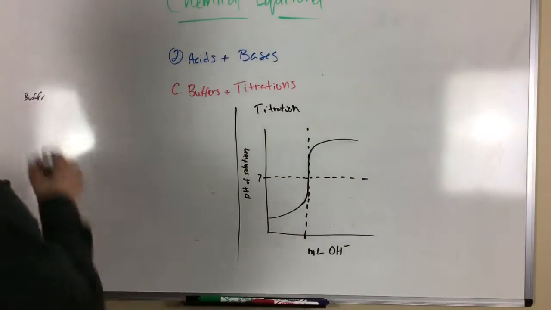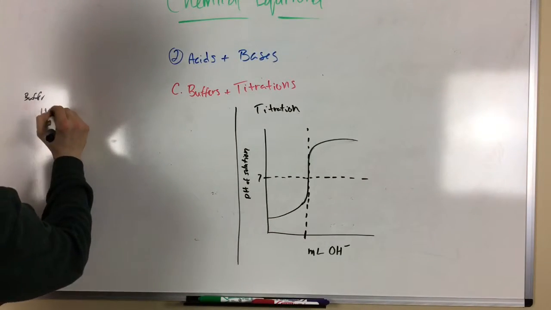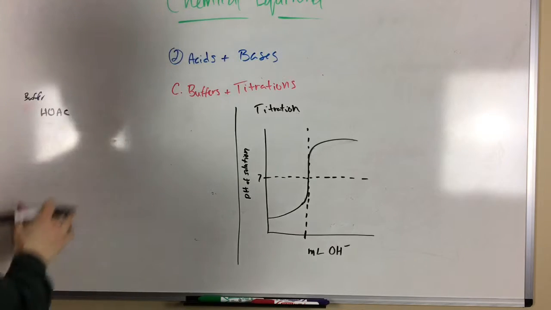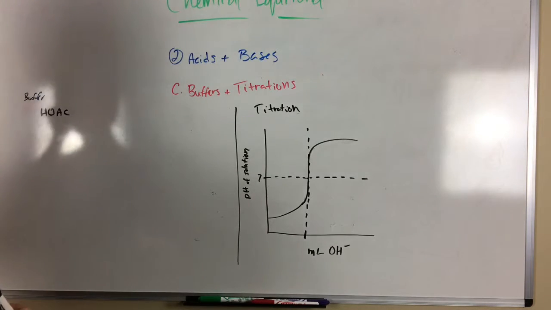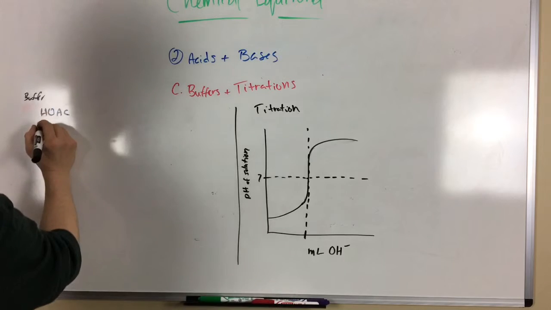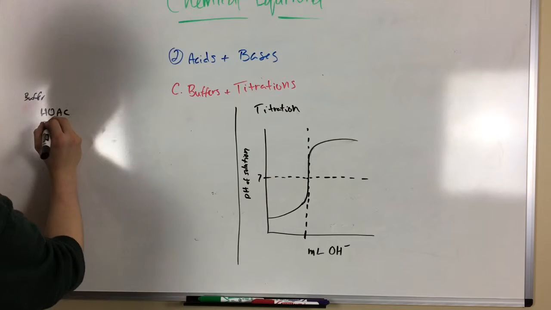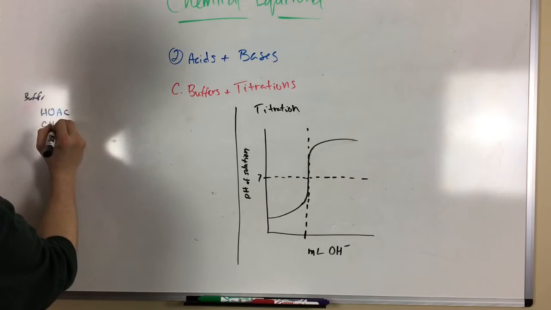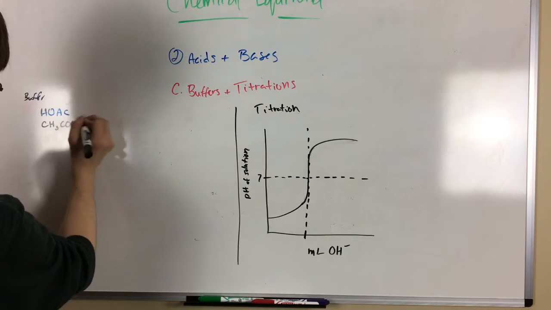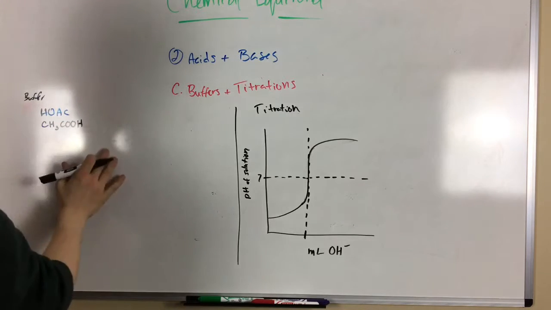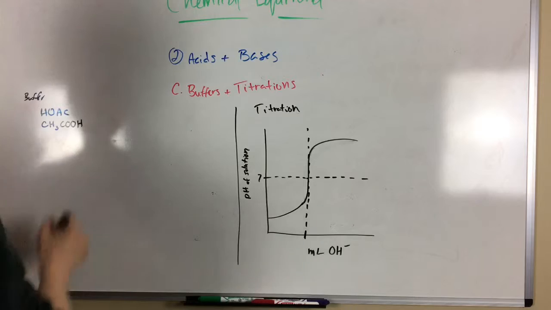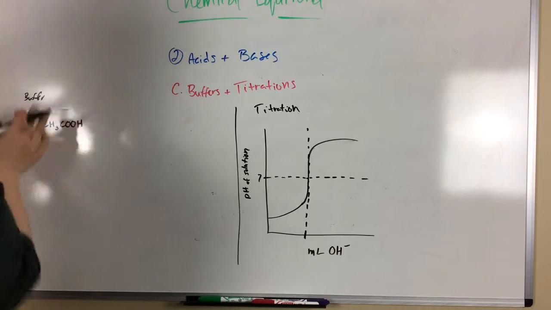An example would be acetic acid. This is the symbol for acetic acid, which is actually CH3COOH. Either one works. We'll just go with this one.